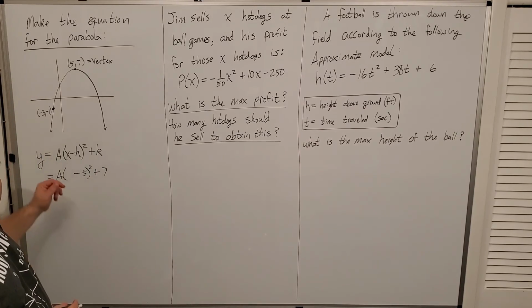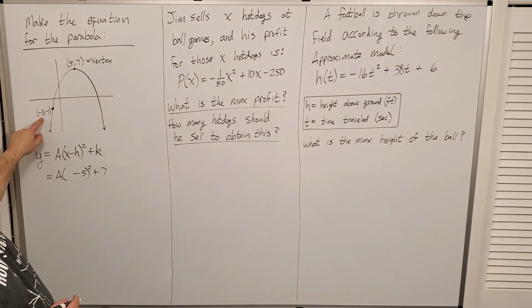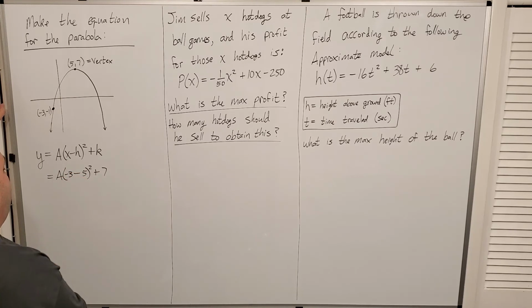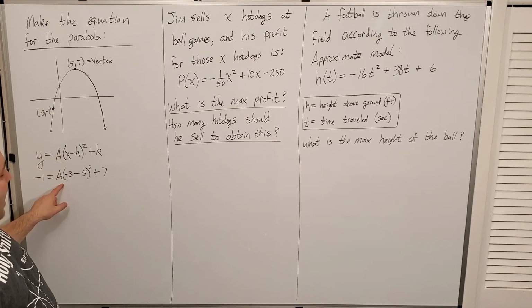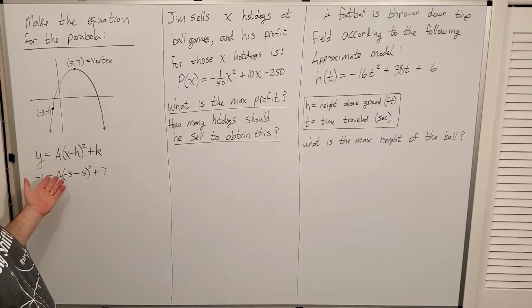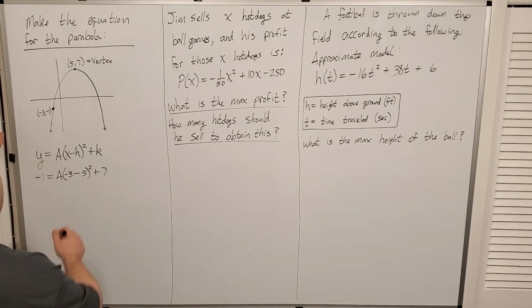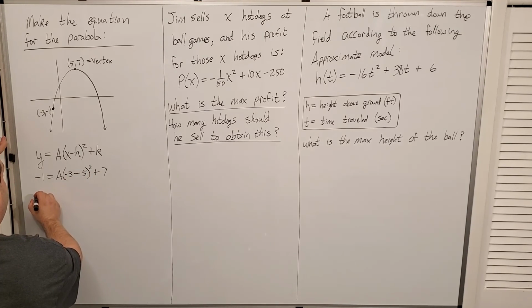And then I also know that when x is -3, y is -1. So if I take that into consideration and put -3 for x and -1 for y, I've filled in all of the spots except for a. Well, I need to know what a is, so I'm going to solve for a here. -3 minus 5 is -8 squared.